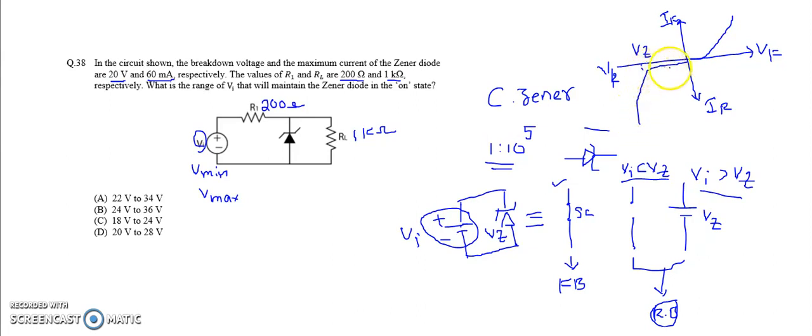Before the Vz, a very minute amount of current flows through the Zener diode, in the range of microamperes. But after crossing the Vz, there is a sudden increase in current through the Zener diode. So it is called the breakdown voltage.